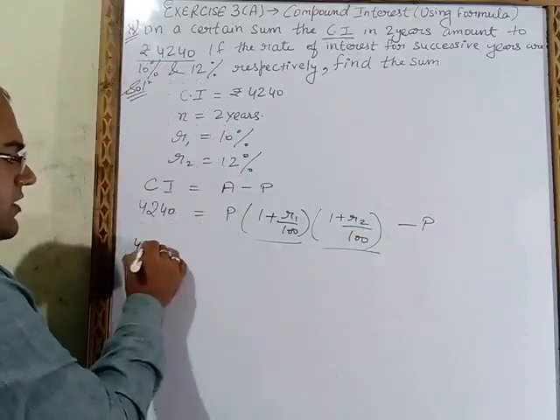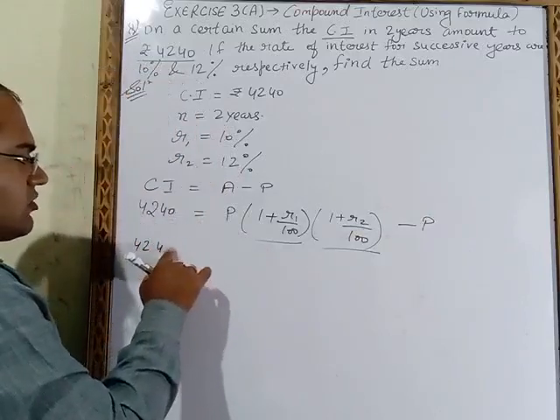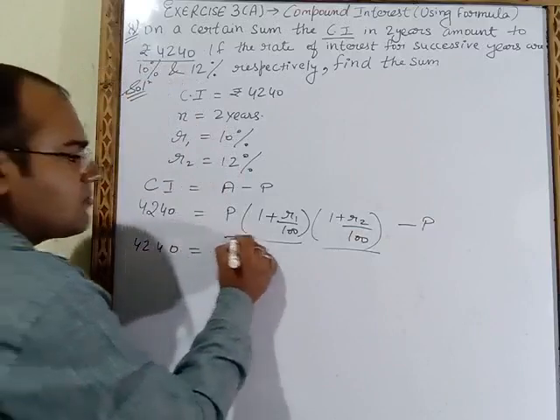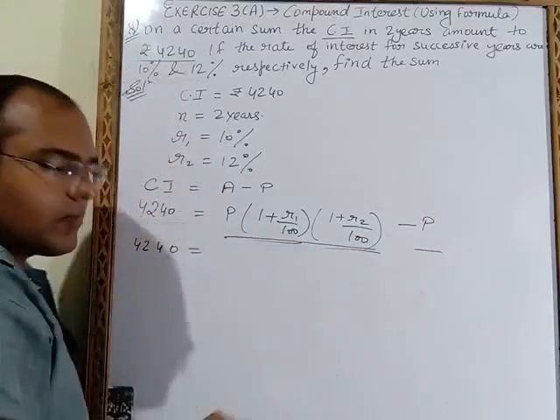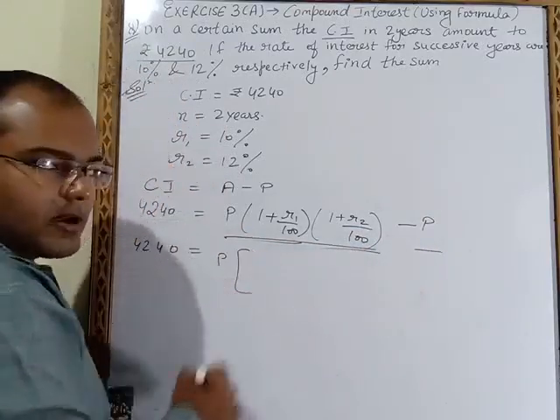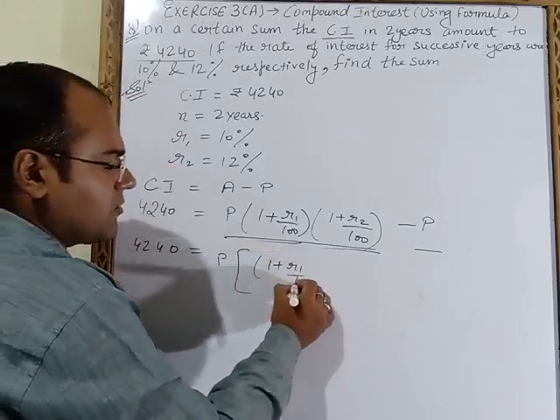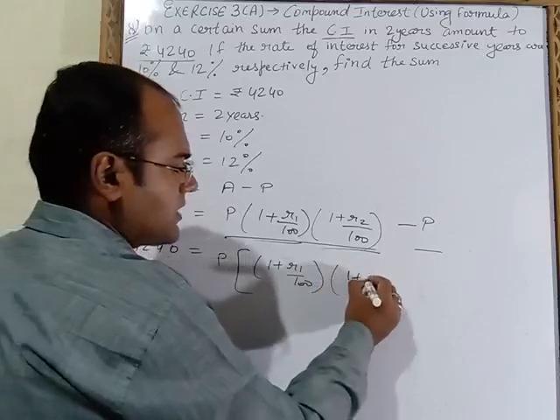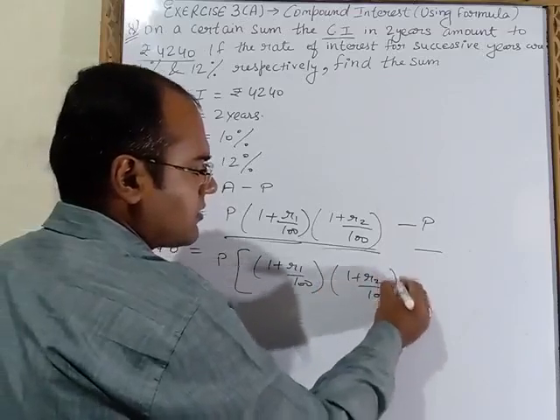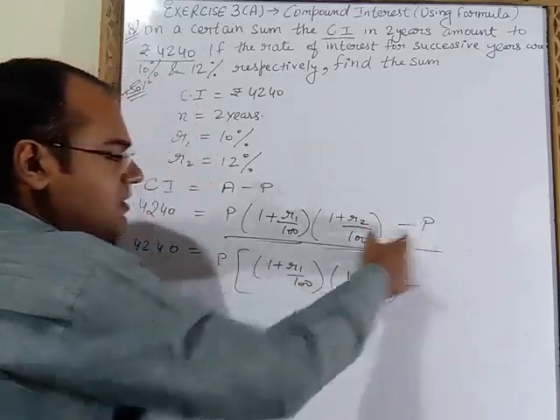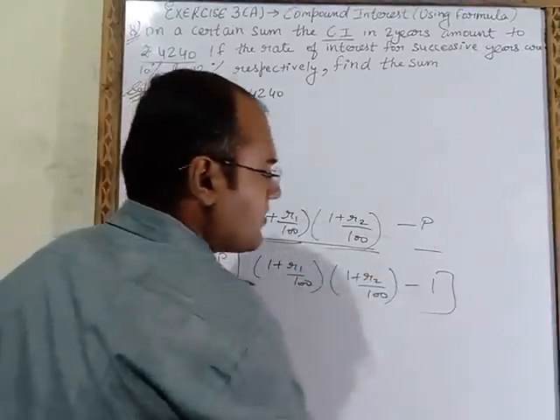Now in next step what you have to do, this 4240 we have to write as it is. From these two terms we will take P common. After taking P common, the remaining term is 1 plus R1 upon 100, 1 plus R2 upon 100 minus, this P we have taken common, so here it will be 1.